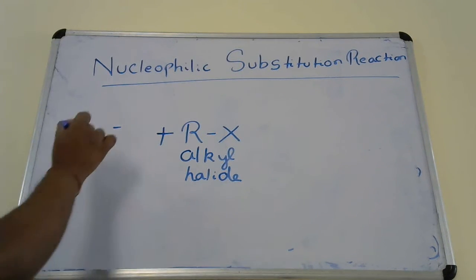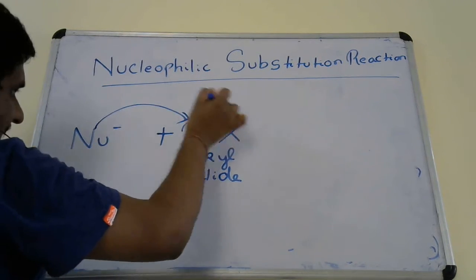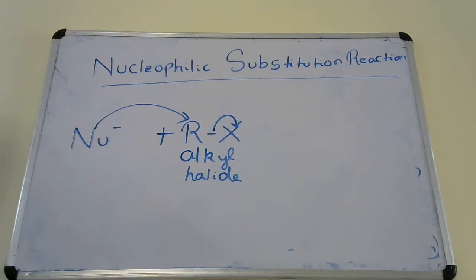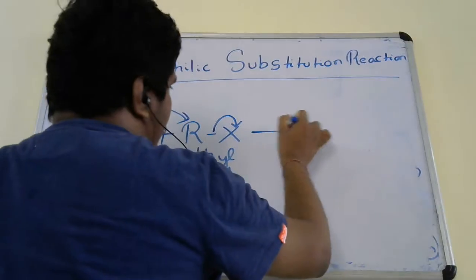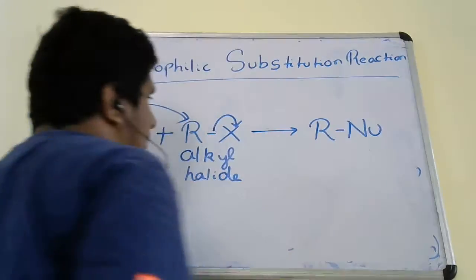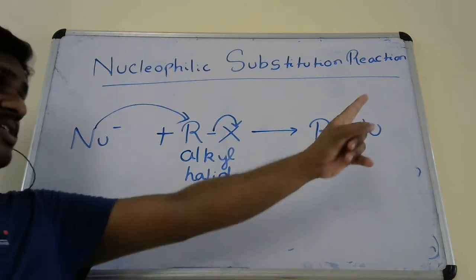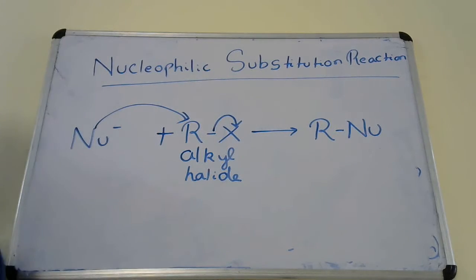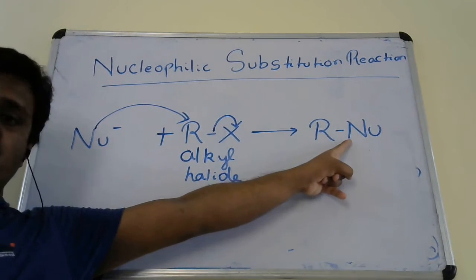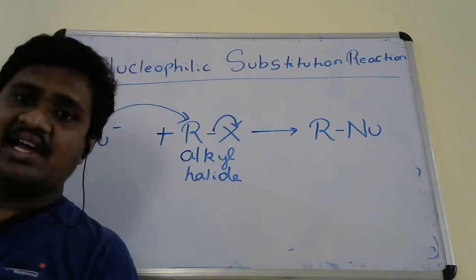So what will this nucleophile do? This nucleophile will attack this alkyl halide and this halogen atom will get removed. So what will happen? Instead of the halogen atom, now a new nucleophile is attached to the alkyl group.